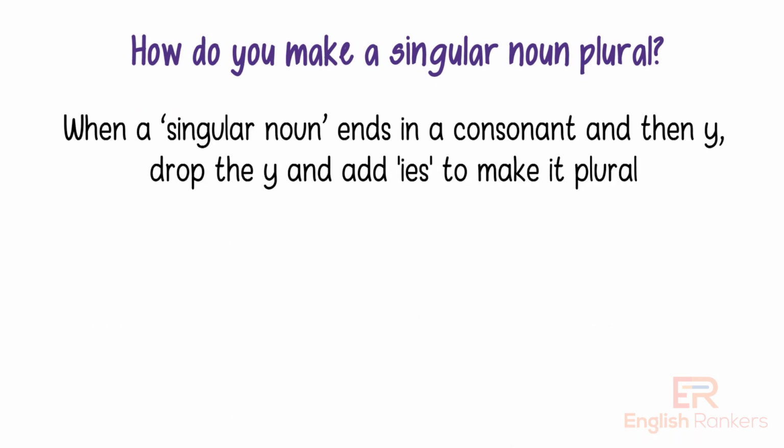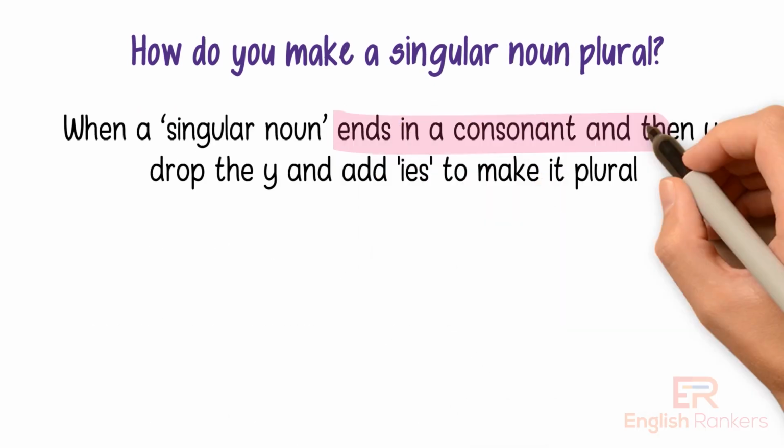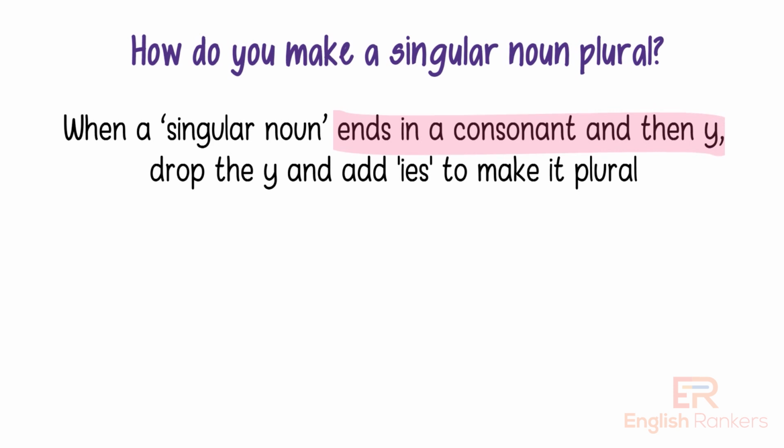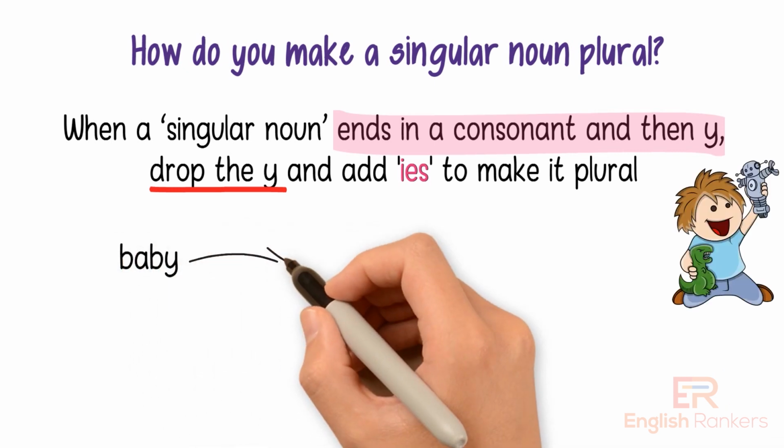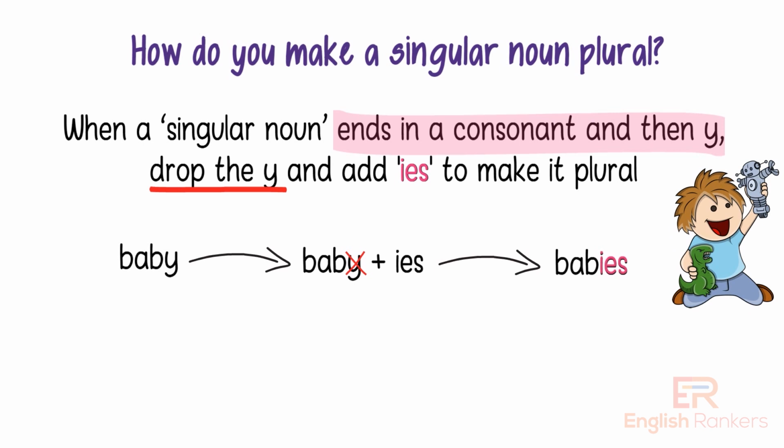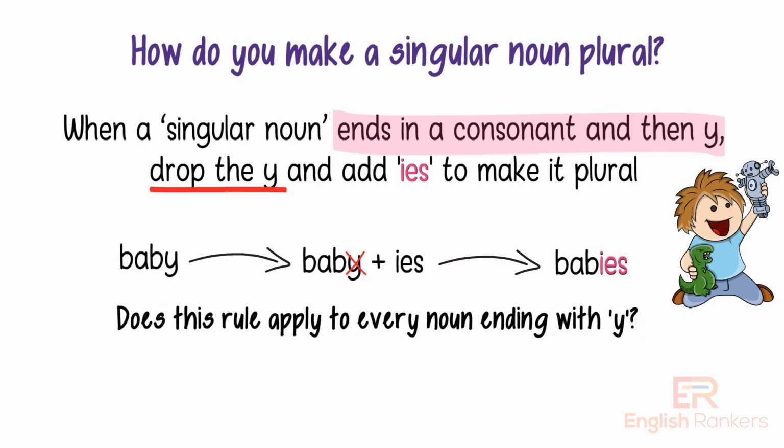When a singular noun ends in a consonant and then Y, drop the Y and add IES to make it plural. So baby will become babies. Does it mean that every noun ending with Y should be replaced by IES to make it plural?